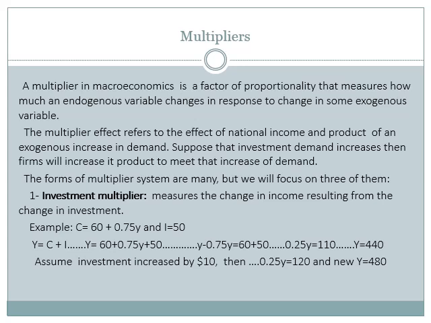Now, the delta y equals 480 minus 440, which is 40 only. So the change in income equals 40, from 440 up to 480.